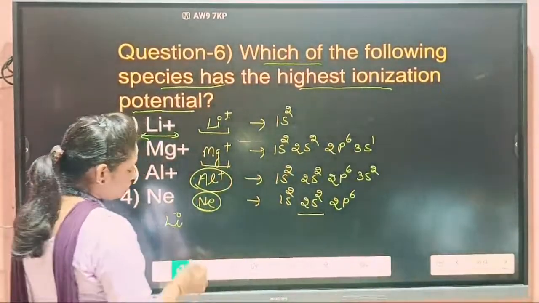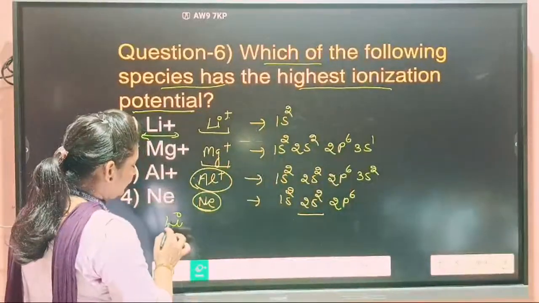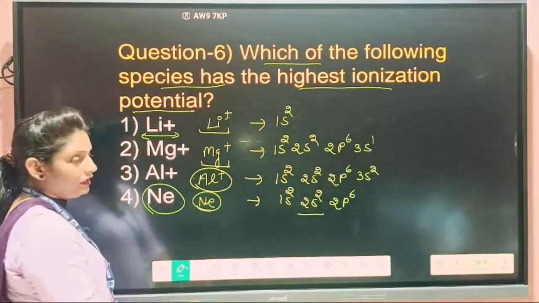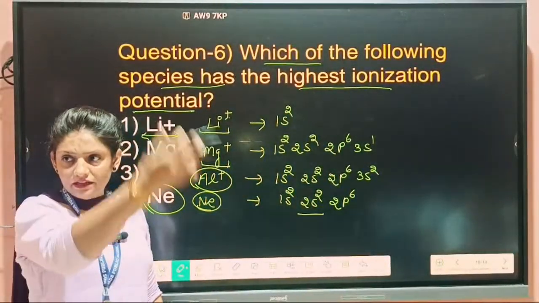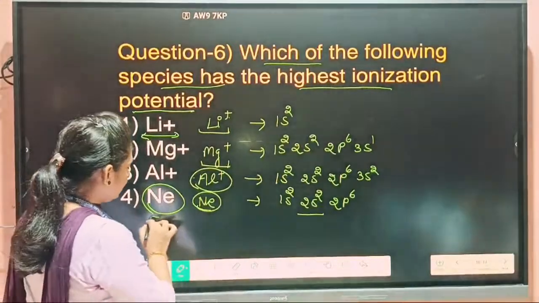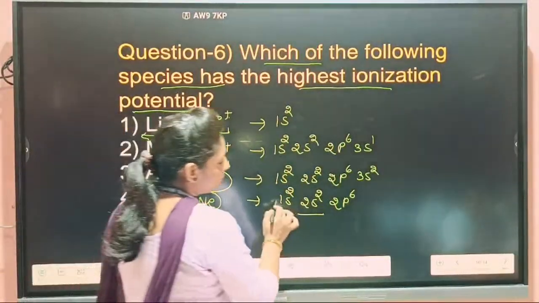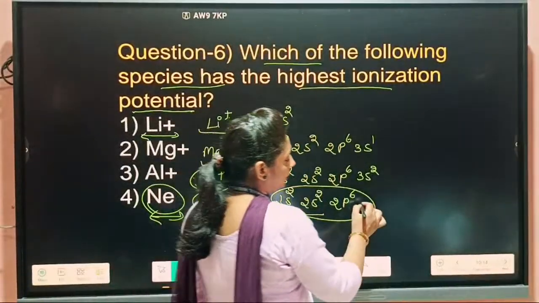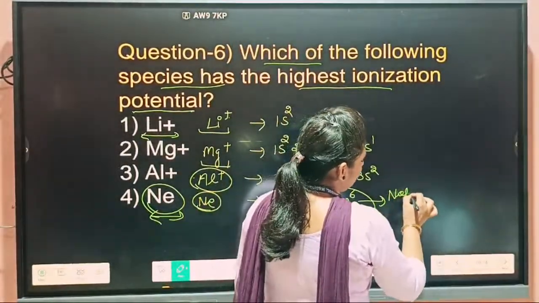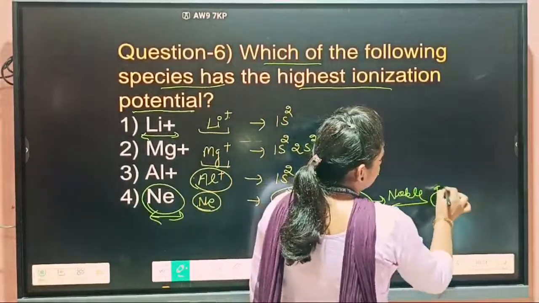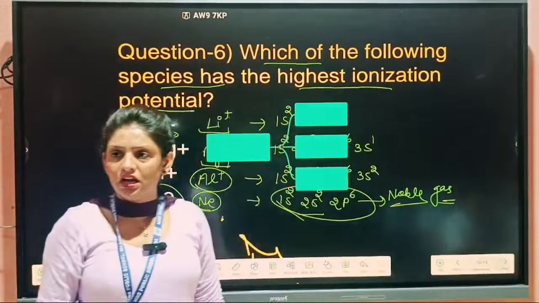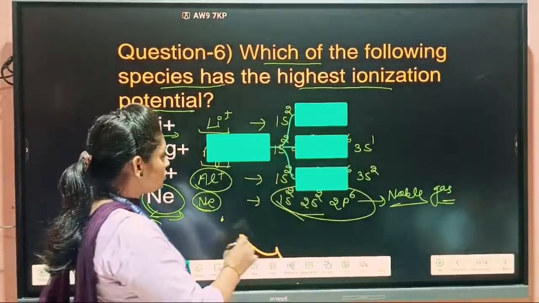Students, you know very well, when we move left to right, neon is present on the outer right side. Okay, so here you can see it also has more stable configuration. It has the configuration of the noble gas. So this configuration is more stable.